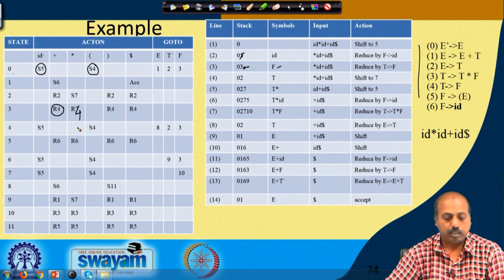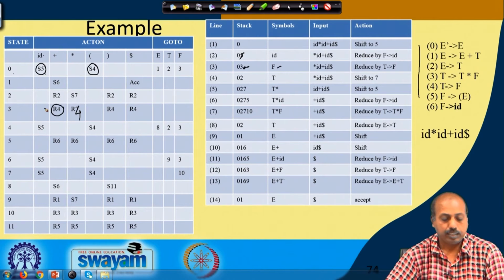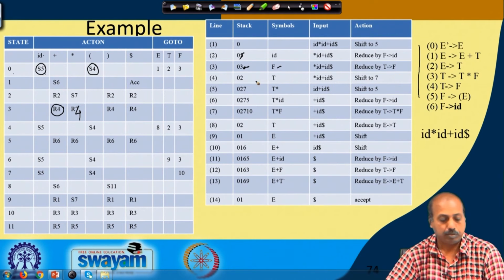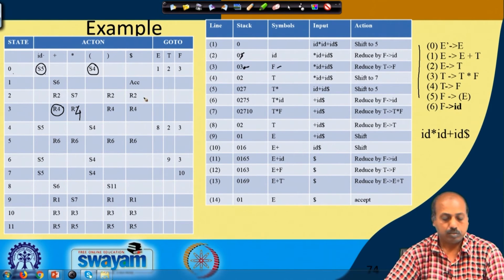So, on state 3 on getting star, it will be reducing by T producing F. T producing F is rule number 4. So, it will reduce by that.